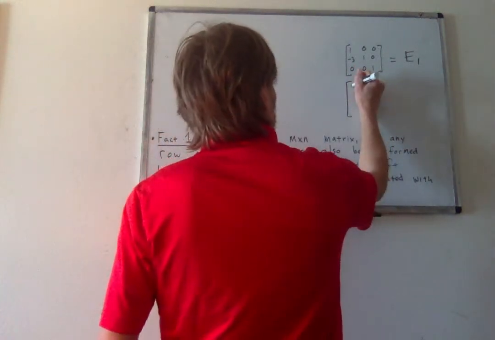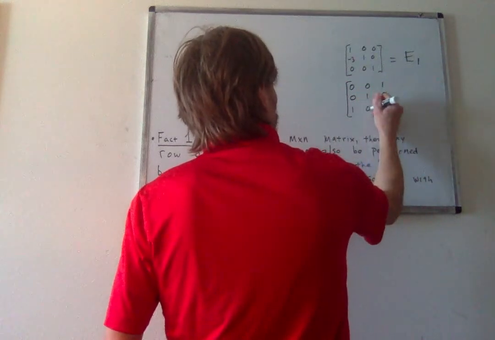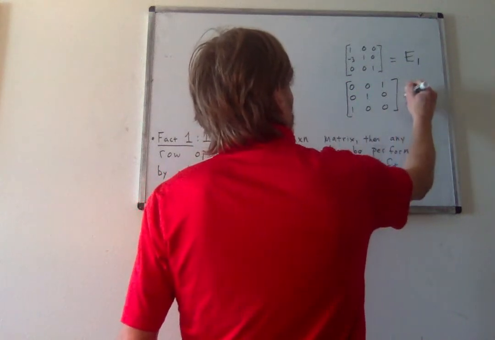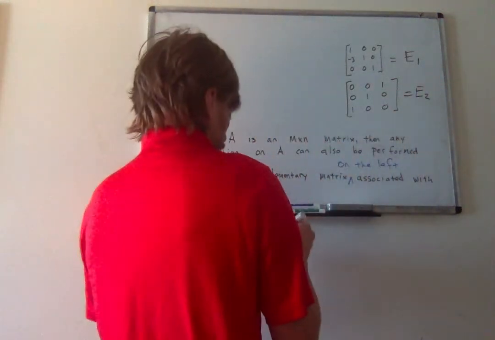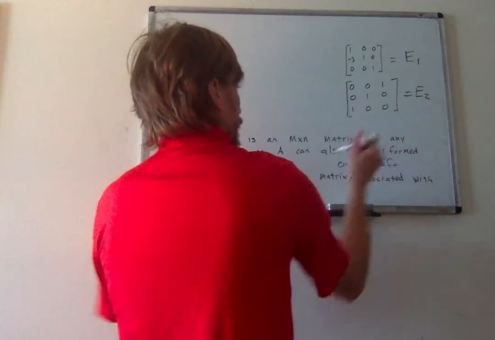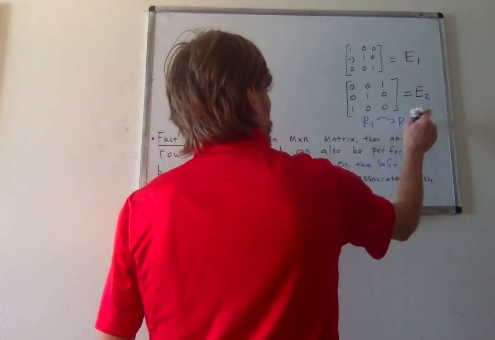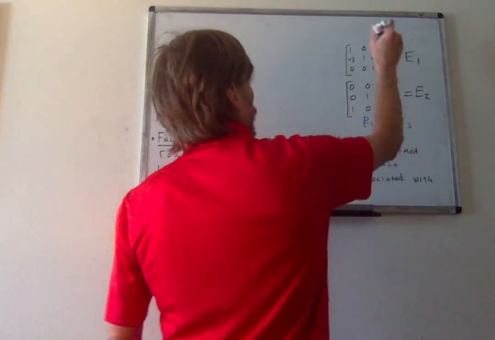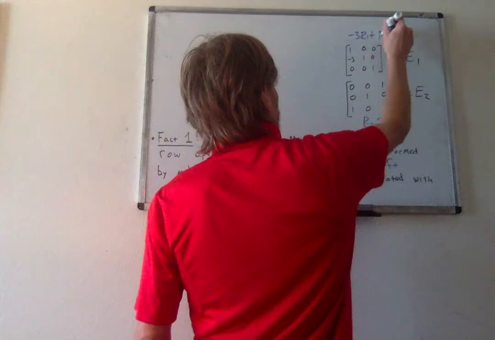So we'll also do a row swap just to see that this actually works with row swaps too. So we'll call this matrix E2. And so remember, this row operation should be row 1 swapped with row 3. And this row operation should be -3 row 1 plus row 2.